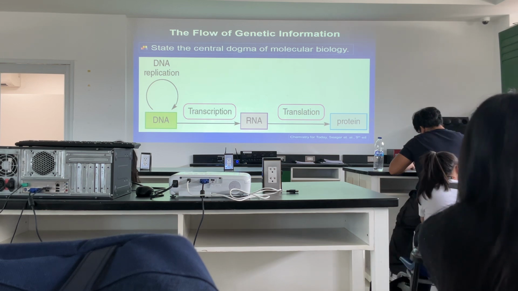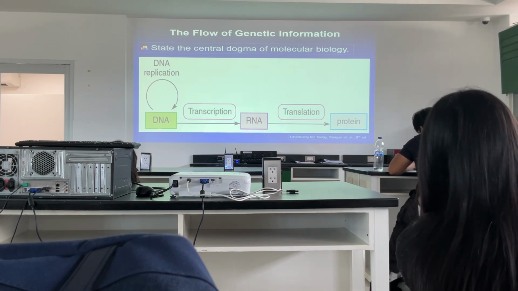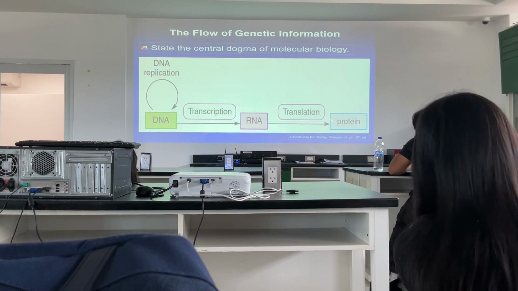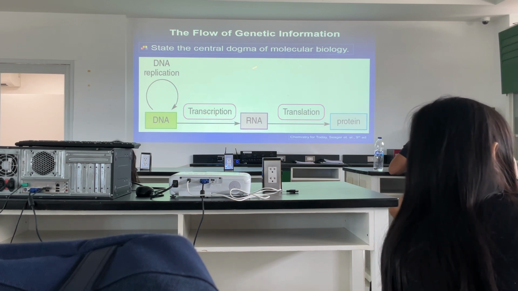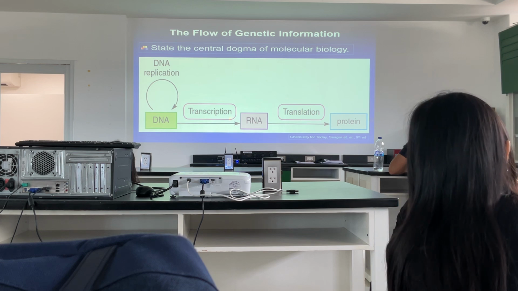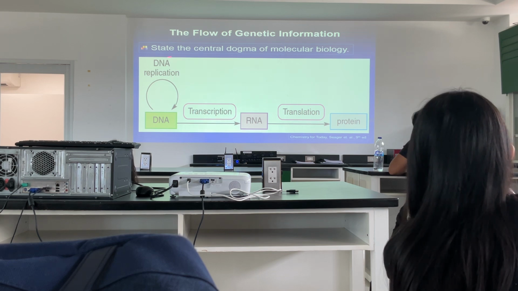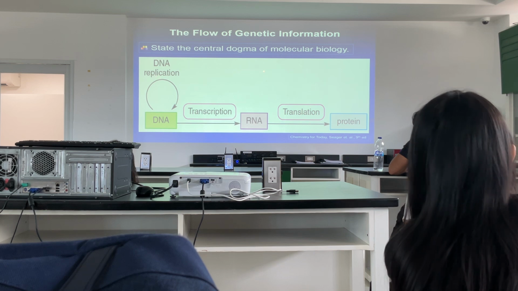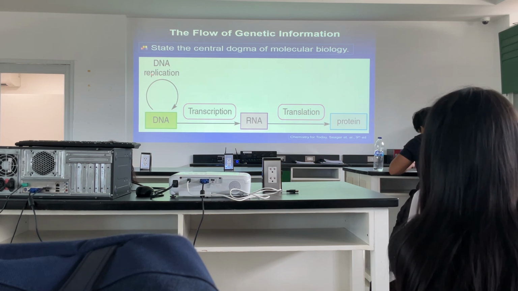So therefore, the flow of genetic information from the DNA to the protein molecule consists of two processes, transcription and translation. While the flow of genetic information from the parent cell to daughter cell will just occur in one process we call replication.